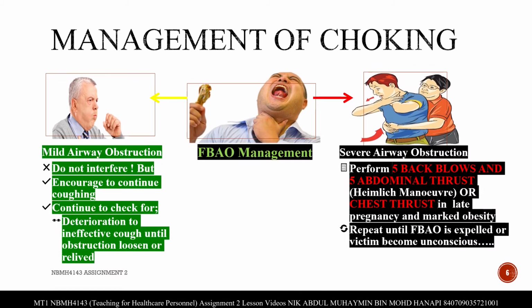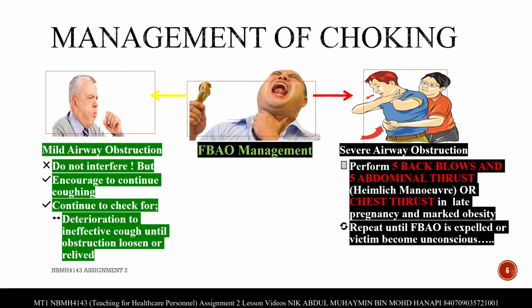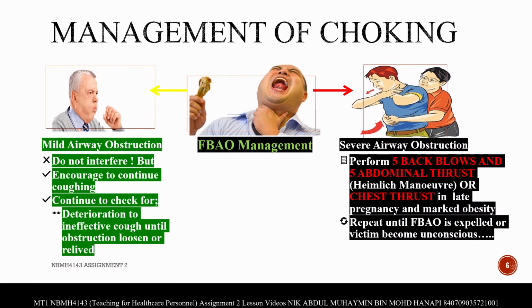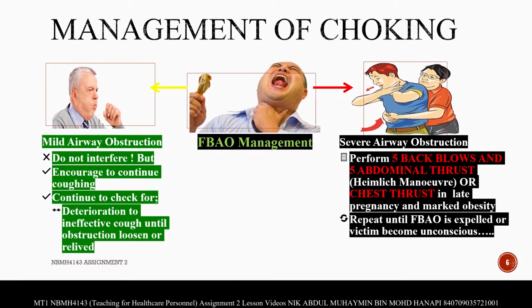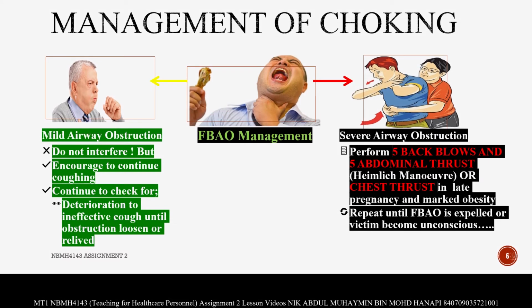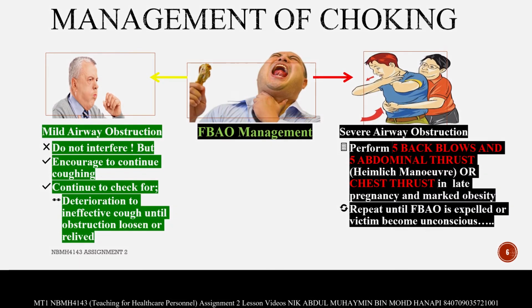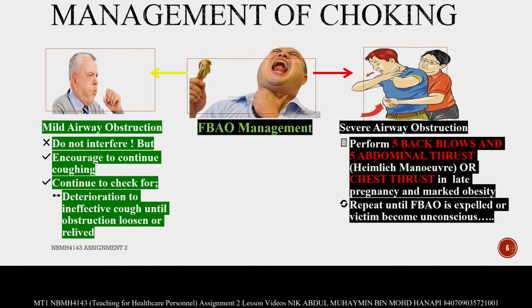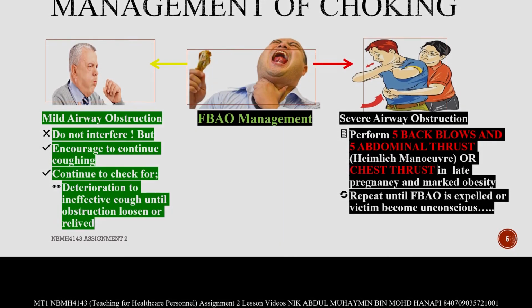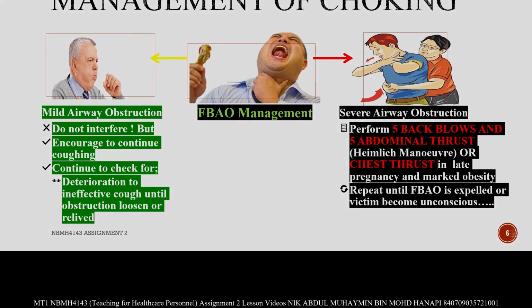There is also one special consideration when you encounter a very big or very obese victim, where your hands cannot fully grasp the victim's abdomen, or you cannot reach the victim's chest.